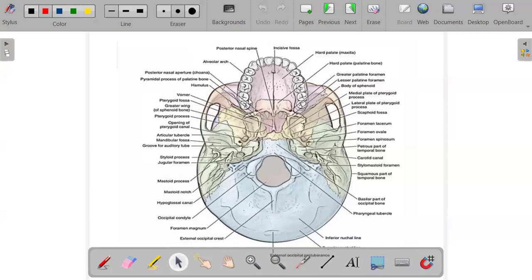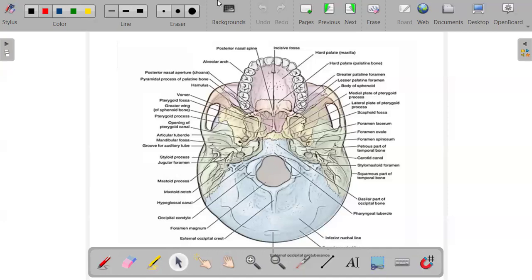The fontanelles serve two important purposes. They permit some overlapping of the skull bones during childbirth, so when a baby is being born, the bones can overlap for the baby to be born easily. And they also permit growth of the brain.